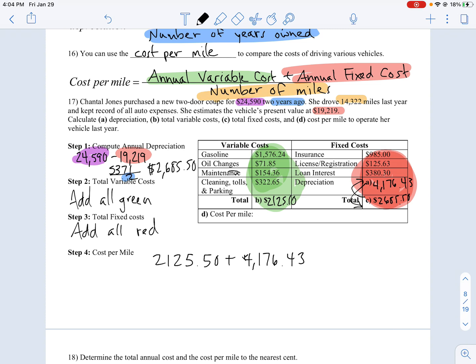I'm going to do that first. So that's going to be $6,301.93. Then I'm going to divide. Not first. Don't divide first. Add and then divide.